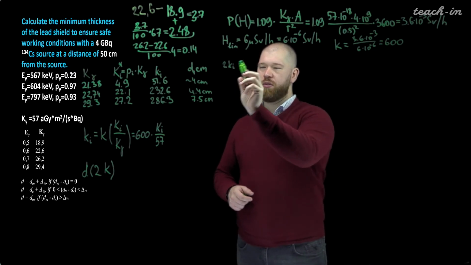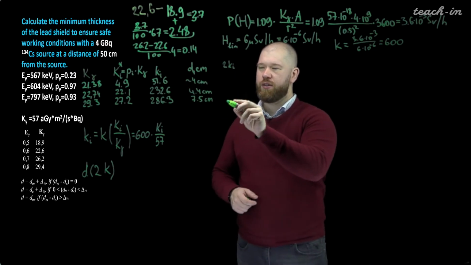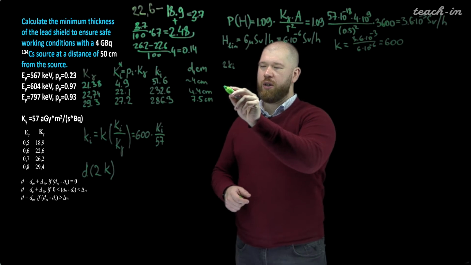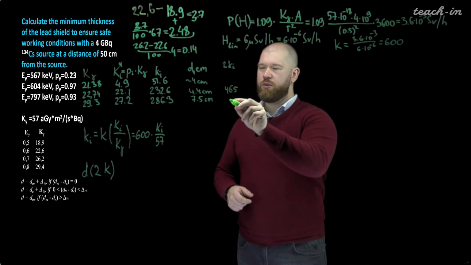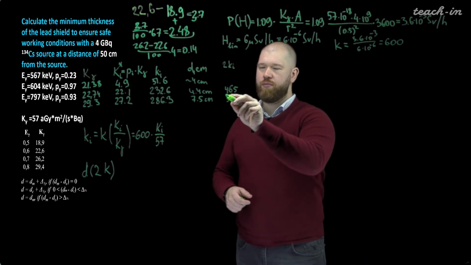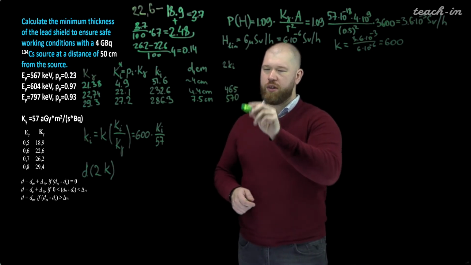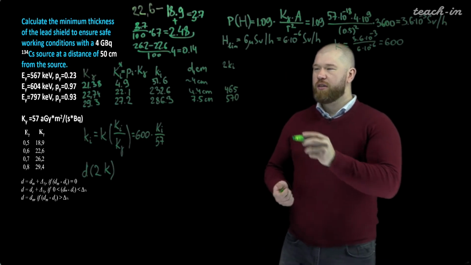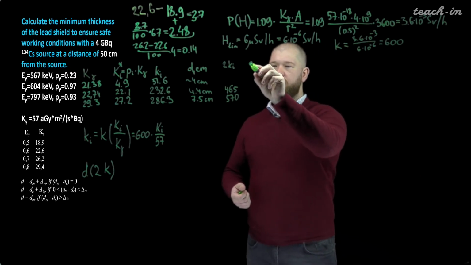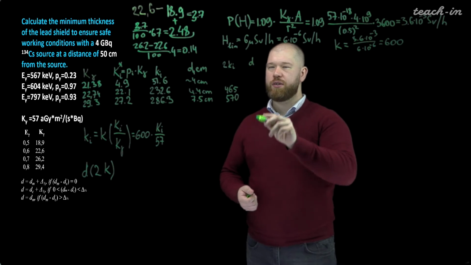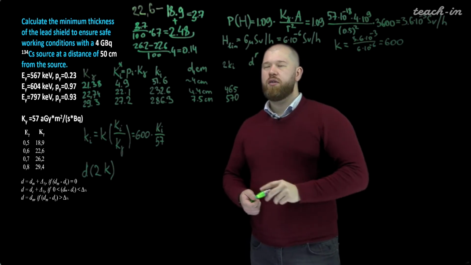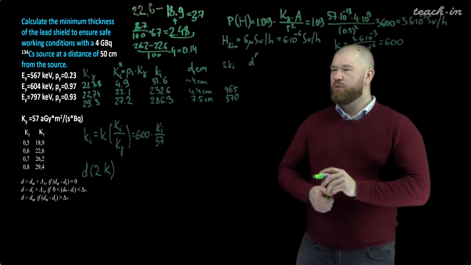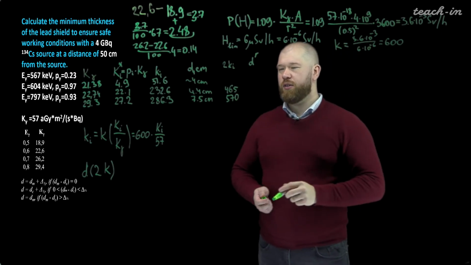So we will neglect this line. We double our K values for each line. Let's take these numbers, and now we are finding the D values for these values.